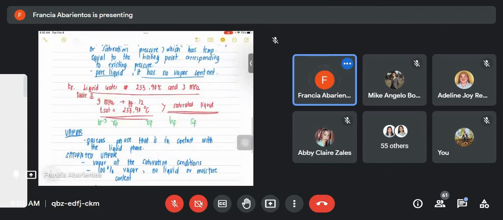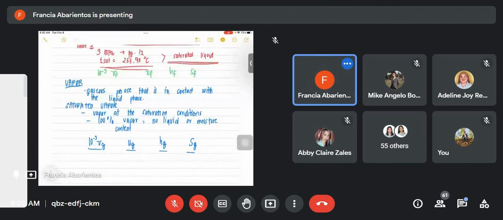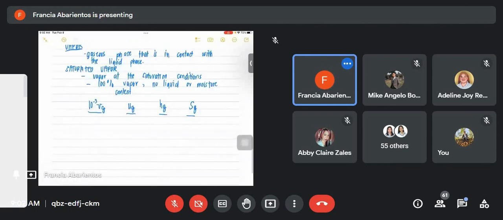So, tingnan yung pinagkaiba, saturated liquid, the F, and dito saturated vapor, ang gagamitin na natin is the G. Okay. So, sa ngayon, wala pang problema, kasi wala pa naman tayong sinusolve.